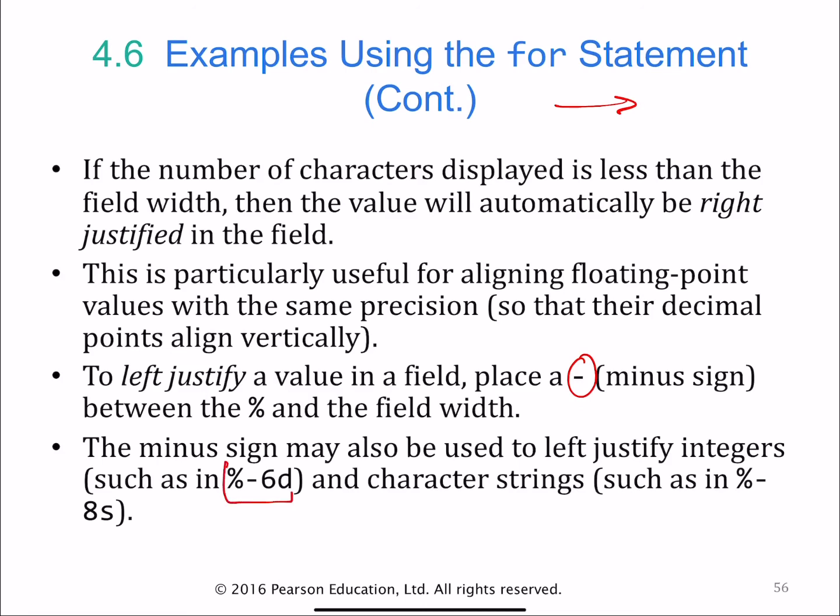So something like this, for example, would produce a 6-digit left aligned integer number. This one over here would produce an 8-character long string that is left aligned instead of right aligned.